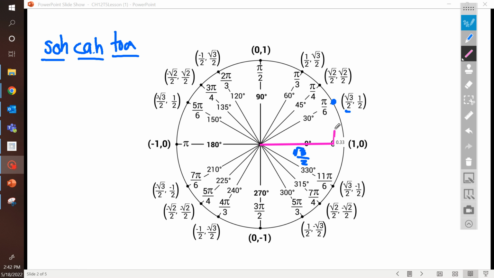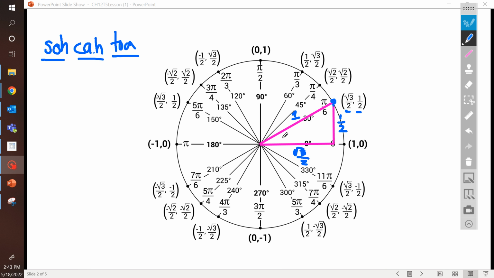The distance that you go up is simply the y-coordinate, in this case 1/2. And the distance from the origin to the point is 1, because the radius of the unit circle is 1.